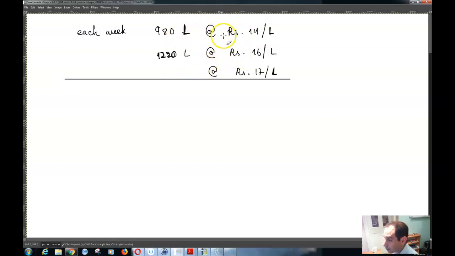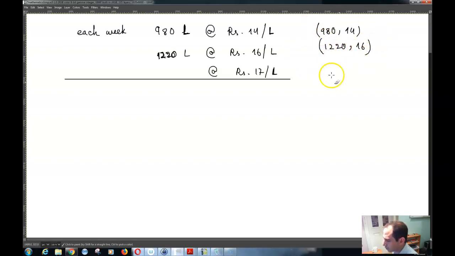Now, the way that you can again find some relationship between L and the price, take it P for example. What you can do is first take these as 2 points, for example, 980, 14, and take this as another point, 1220, 16.